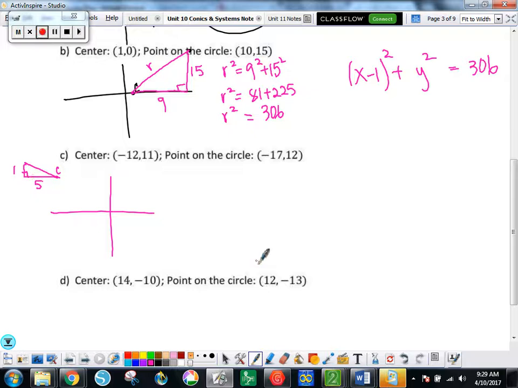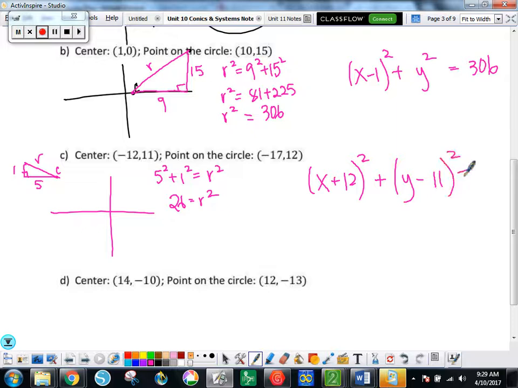So there's our triangle. Using the Pythagorean theorem, 5 squared plus 1 squared equals r squared. So 26 equals r squared. So my equation would be x plus 12 squared plus y minus 11 squared equals what? 26.